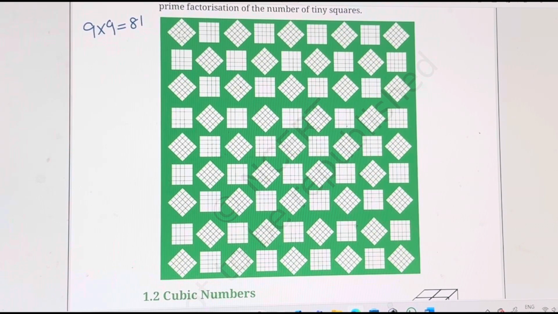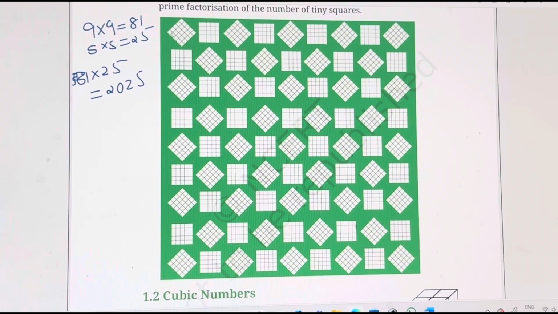And each there are small tiny squares. So if we count each one, 1, 2, 3, 4, 5, 1, 2, 3, 4, 5. So 5 into 5 is 25. Okay. So total squares, these tiny squares, they are 81 multiplied by 25, which gives you 2025.